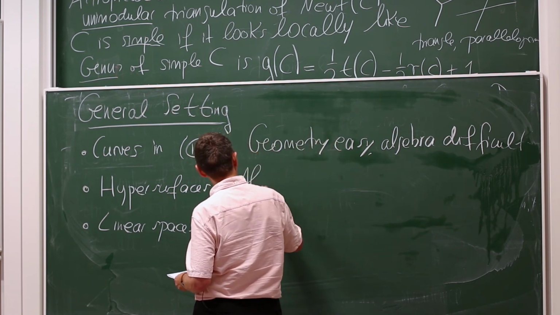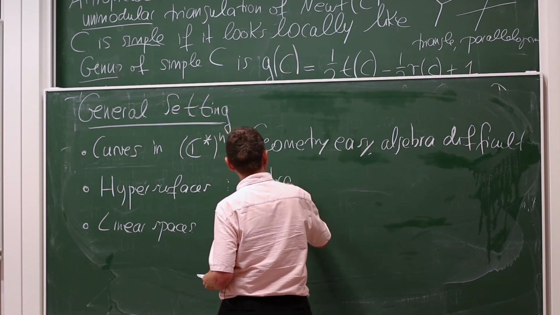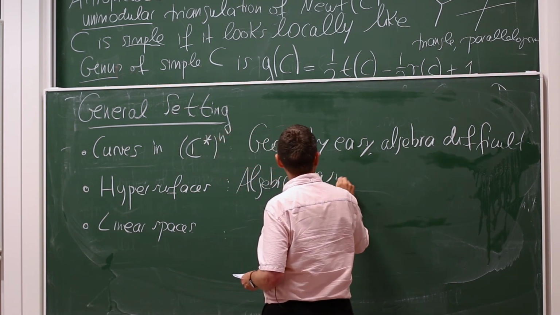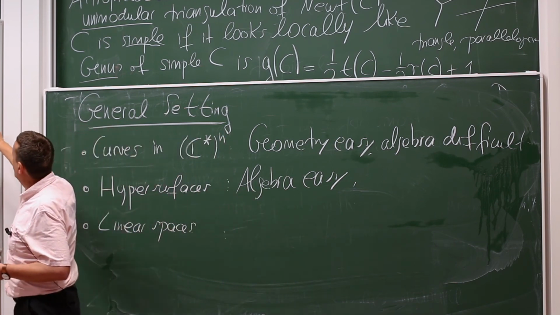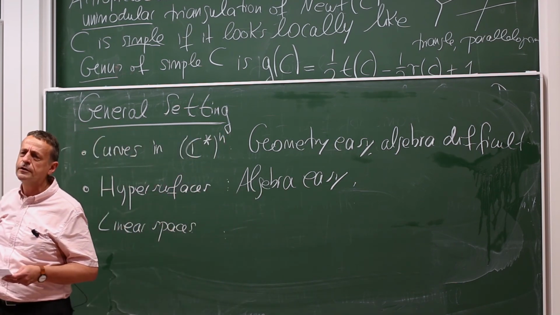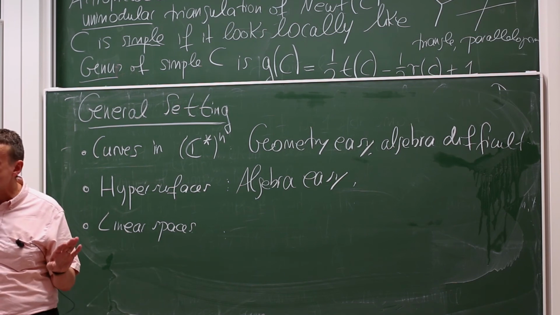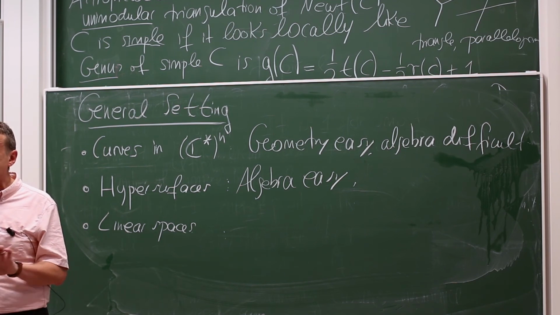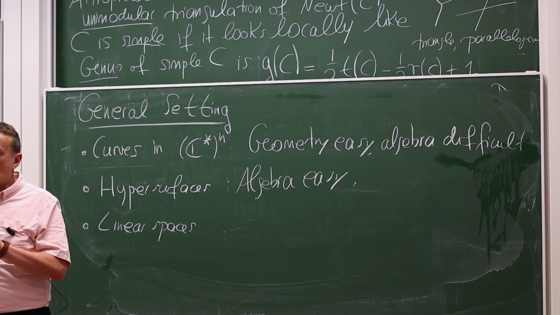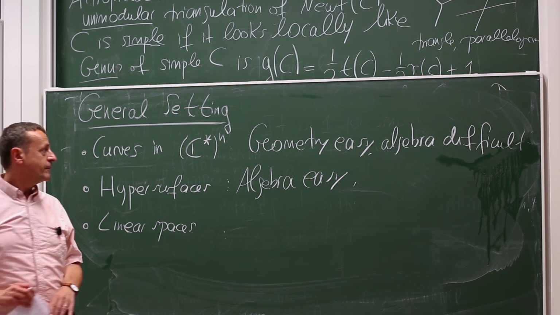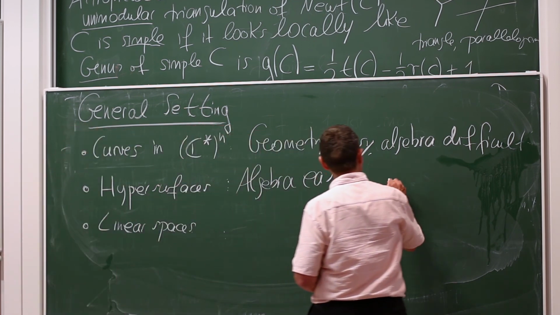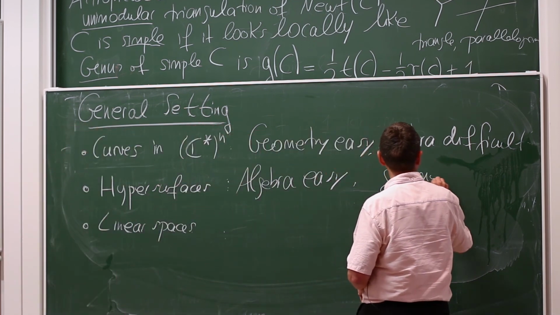Now for hypersurfaces, the algebra is easy. If you have a hypersurface, really all you need to do is homogenize. Here you have to homogenize in the so-called Cox coordinates. If you have a single equation and you want to calculate the tropical compactification, the algebra is quite simple, and the combinatorics of the Newton polytope is pretty easy. But the geometry and topology is not.